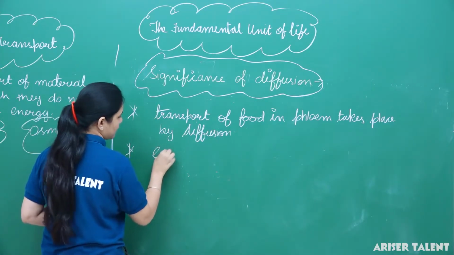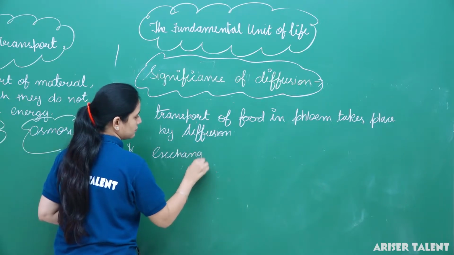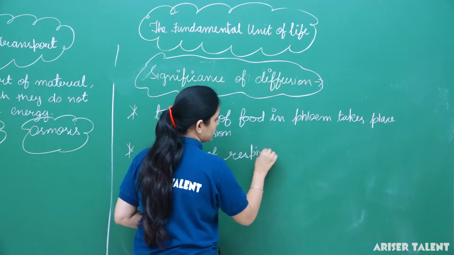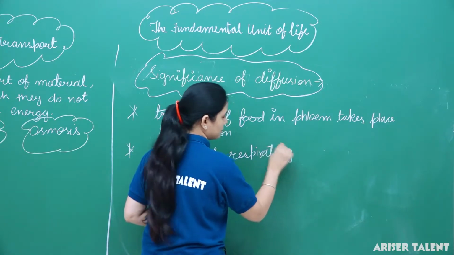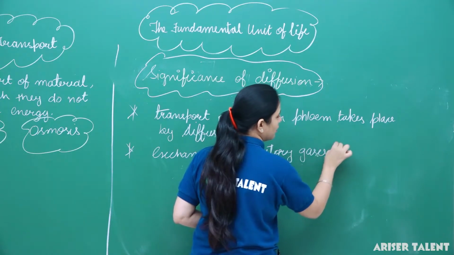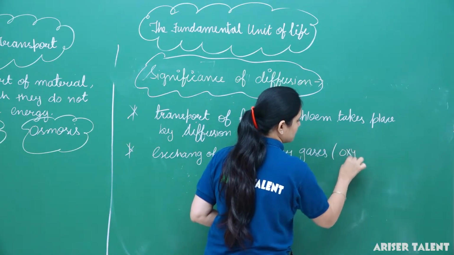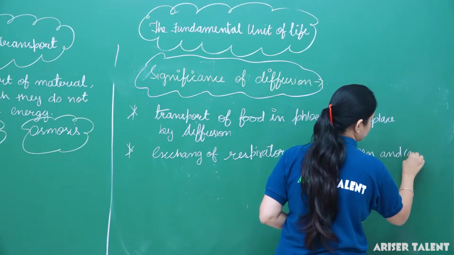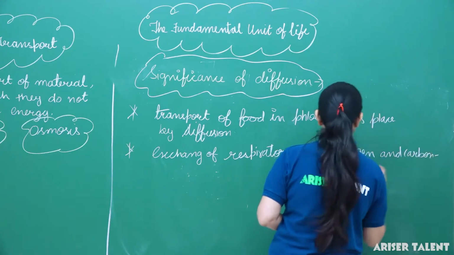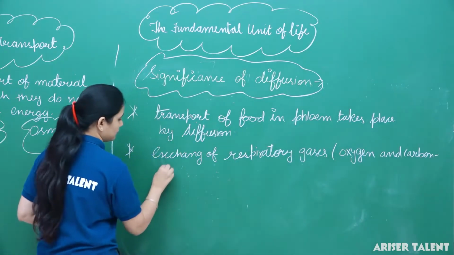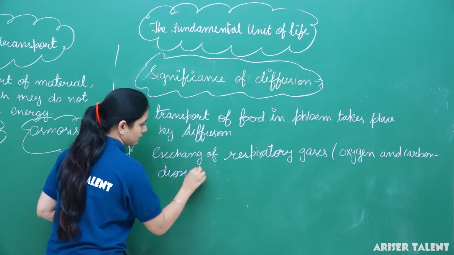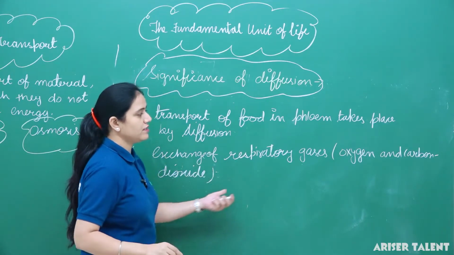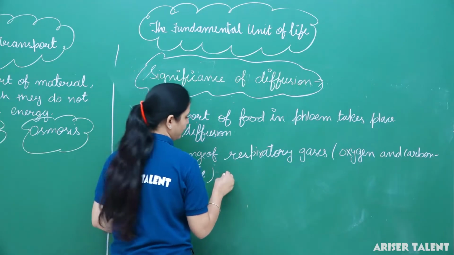Then exchange of respiratory gases. What are they? Oxygen and carbon dioxide. Okay, so we can say exchange of respiratory gases takes place by diffusion.